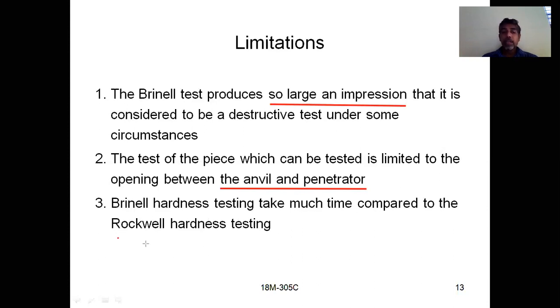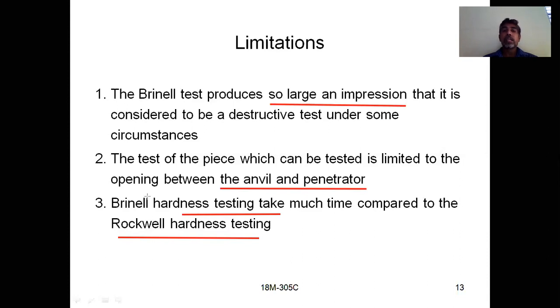Rockwell gives rapid results, because in Brinell it takes much time to calculate, whereas in Rockwell we get direct values. So it is very easy and takes less time compared to the Brinell hardness testing machine.